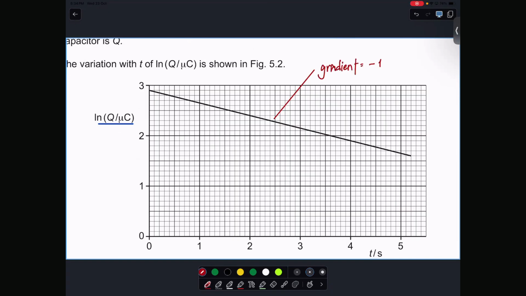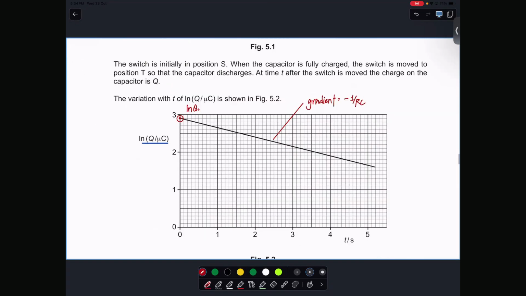Gradient is going to be minus 1 by RC. And this intercept here is ln Q naught. So if you want to know the initial charge stored in your capacitor, you'll use this value. If you want to know the resistance or capacitance or anything related to that, you need to find the gradient. Let's see what they want here.